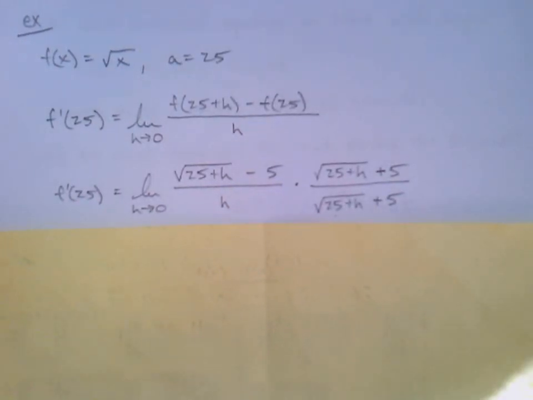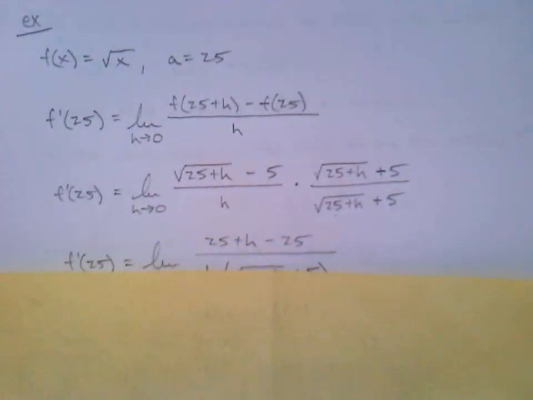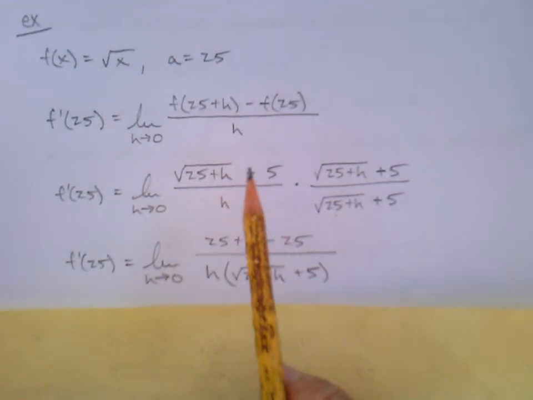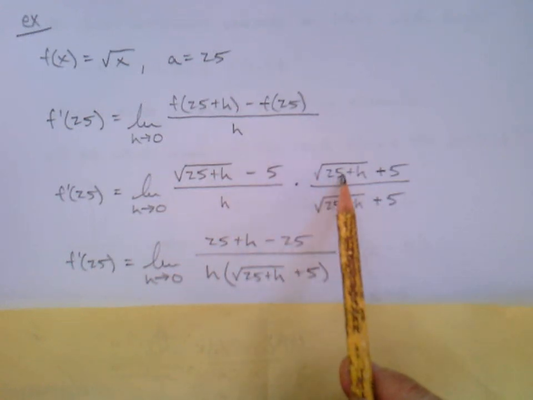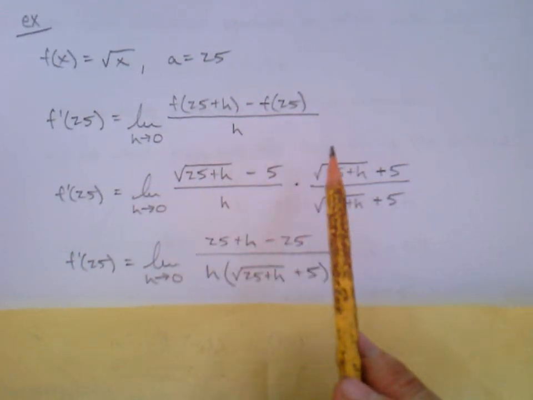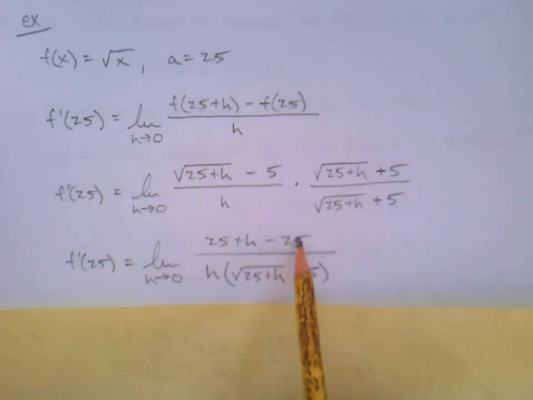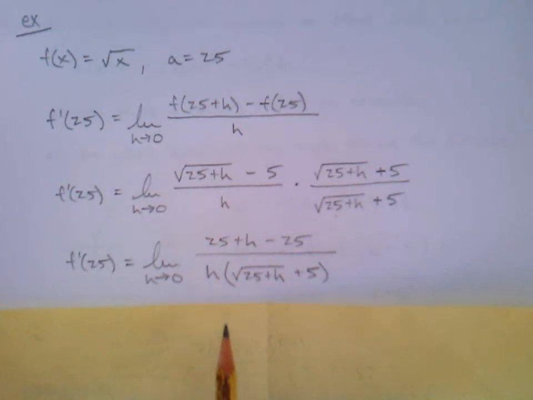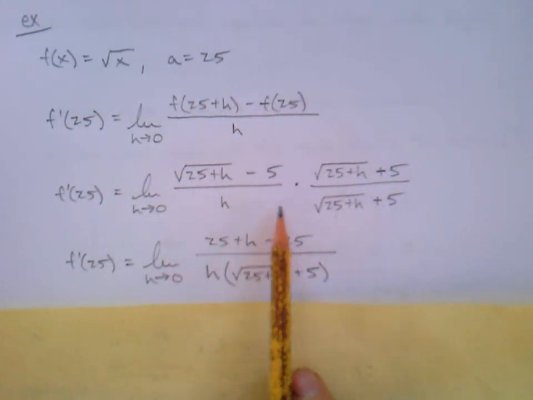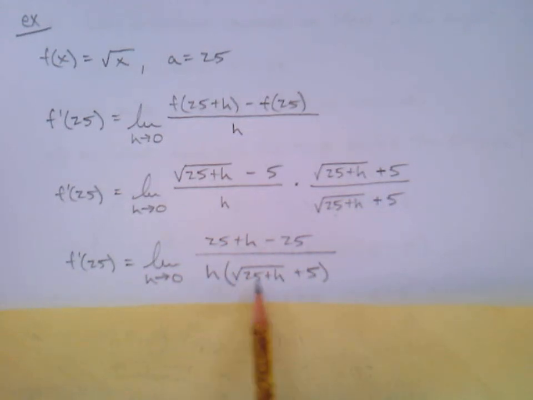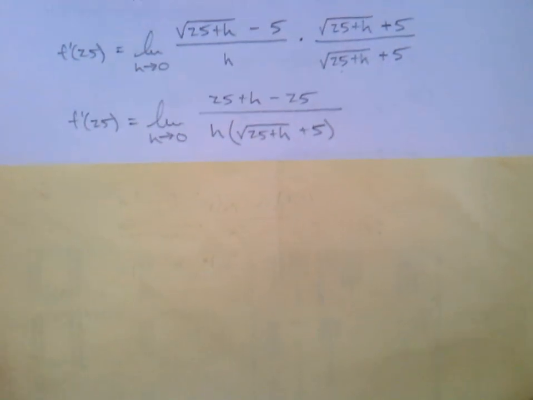Okay. And here's the next line. So we multiply, we start to FOIL, square root right there, right? Middle terms cancel, and then minus 25. The denominator, well, don't actually distribute, just keep it as h times the quantity square root 25 plus h plus 5. Okay.